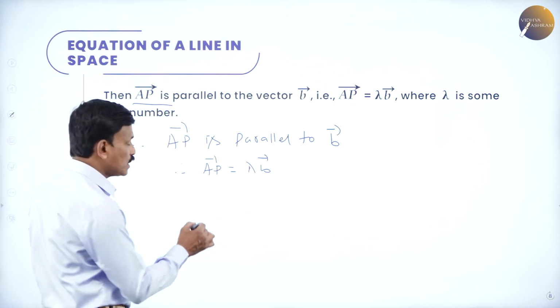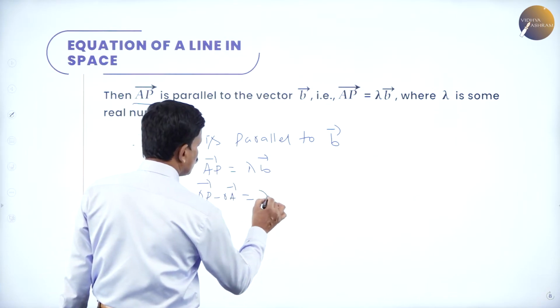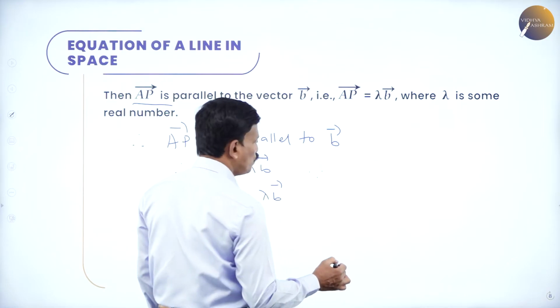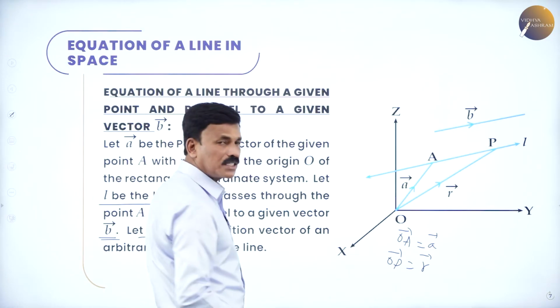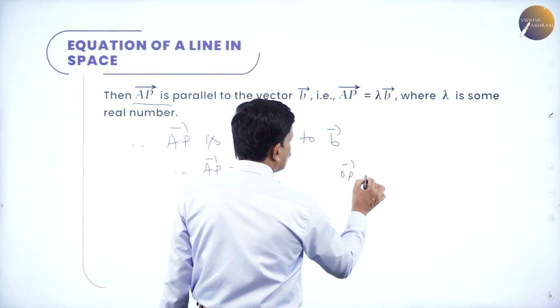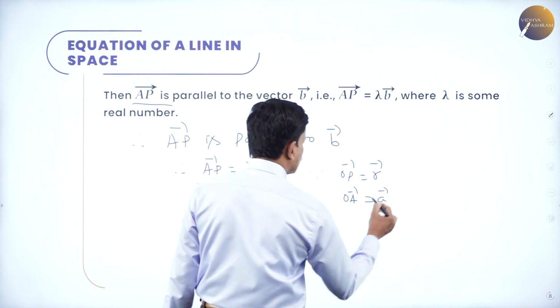You know AP can also be written as vector OP minus vector OA, which is equal to lambda times vector b. We know OP is equal to vector r, and OA is equal to vector a.